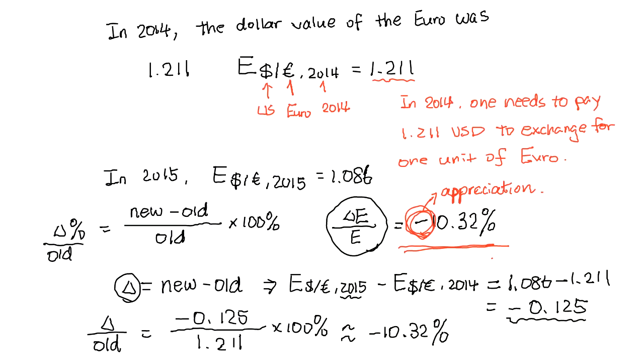So now the amount you have to pay is decreased by 10.32%. So that means the home currency, the US dollar, is appreciated by 10.32%.